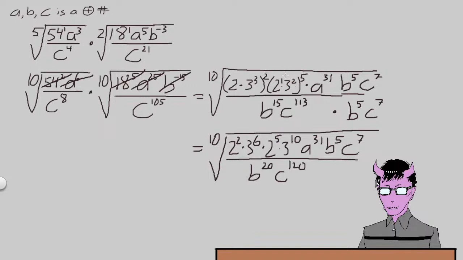So mental math, I would have done 2 plus 5 is 7, so I would have written this one directly as 2 to the power of 7. So you can do that if you're comfortable with it. Otherwise, show your work. So 2 to the power of 7, and then 3 to the power of 16.